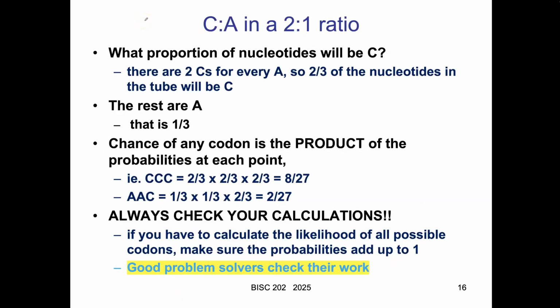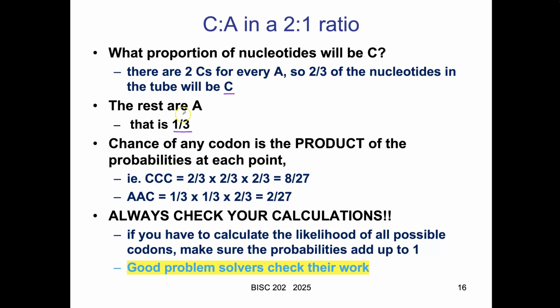Suppose we took C and A nucleotides, ribonucleotides of course, not DNA nucleotides, and we put them together in a 2-to-1 ratio, and we have a huge amount of them, a vast excess, so that incorporating the nucleotides really is truly random. What it means is that in the tube, 2/3 of the nucleotides are going to be C's, and the rest, 1/3, are A's.